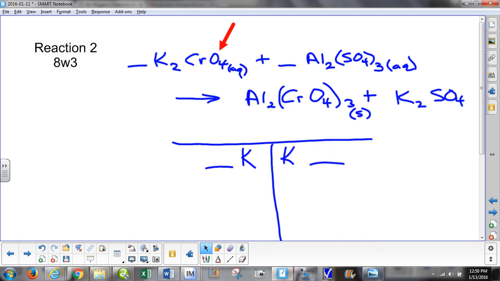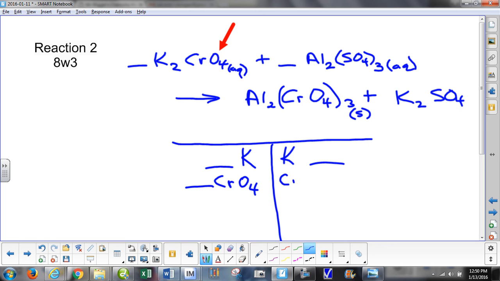I'm not going to balance chromiums and oxygens. No way. It just makes life really hard. So I'm going to put CrO4, and that's going to be our second one, CrO4. And you can see we're going to have 4 reactants and 4 products.